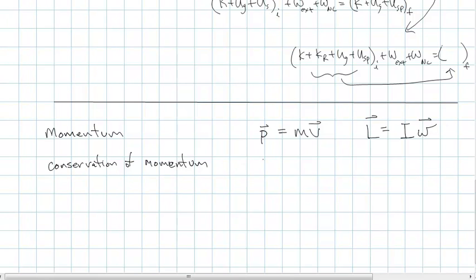Conservation of momentum told us that the initial and final momentum were equal if there were no external forces acting on our system. And we could use that to solve problems, particularly those involving collisions. And the same is true for our angular momentum.